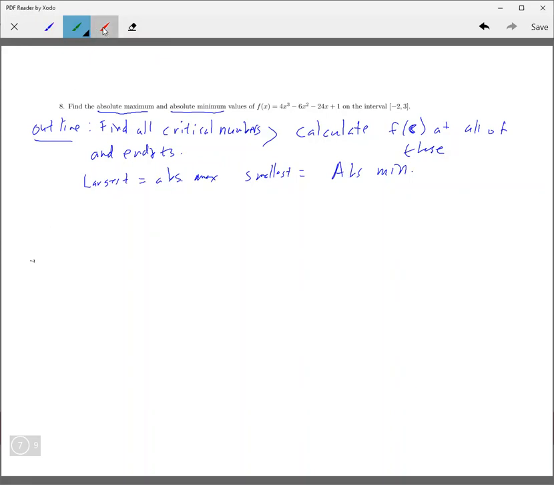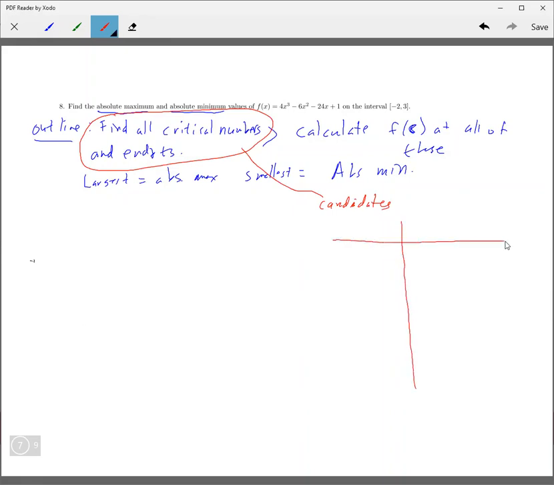We'll call all of these candidates, and we can make a list here.